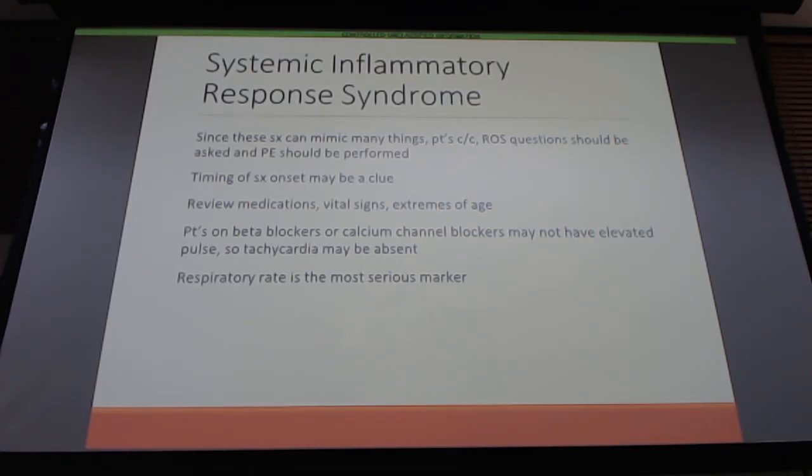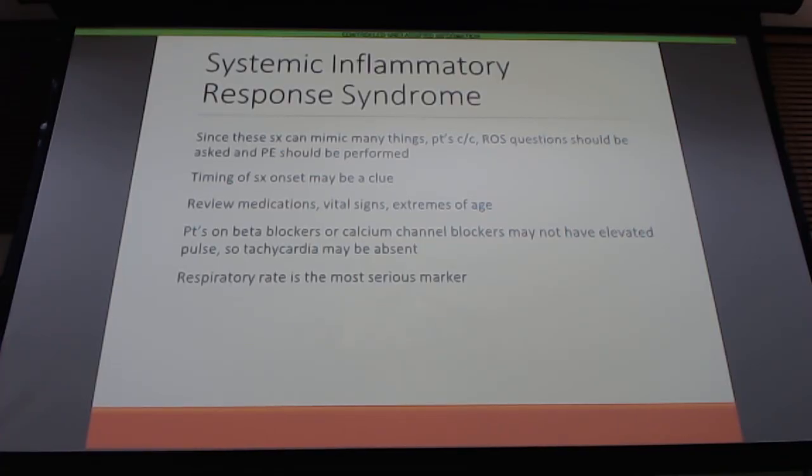That one's important because if you're on beta blockers or calcium channel blockers, you may not have an elevated pulse. So that one criteria might not even be effective for you. And just like COVID, respiratory rate is the most serious marker of this thing, because that's only going to show degradation of the individual patient.